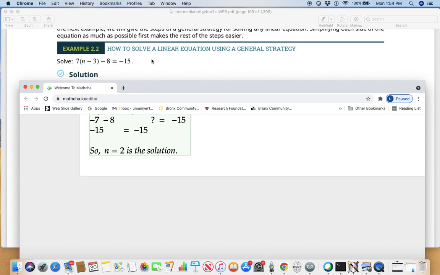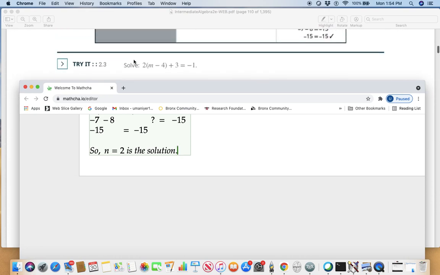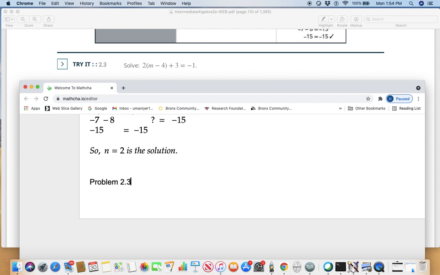All right. So that was Example 2.2. Let's try Example 2.3. You want to solve the equation 2 times m minus 4, plus 3 equals negative 1.